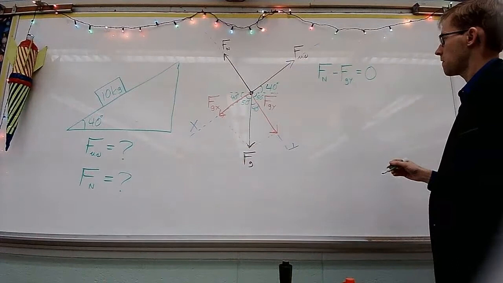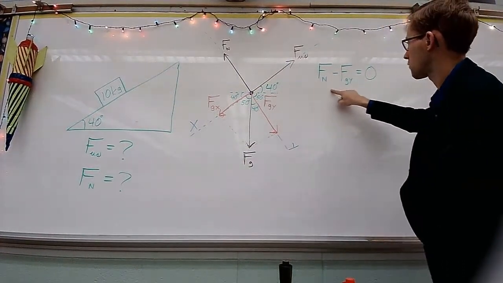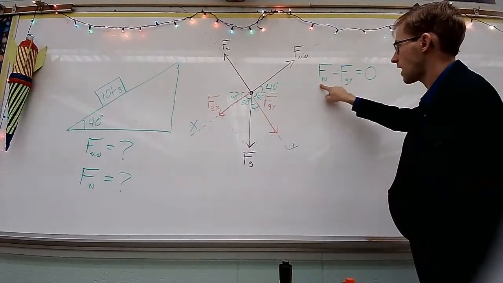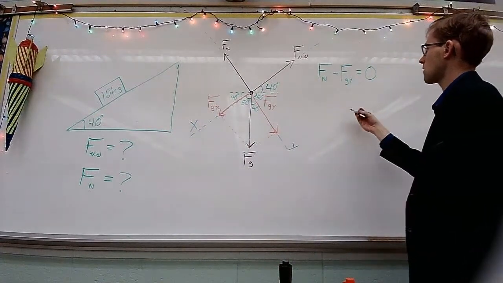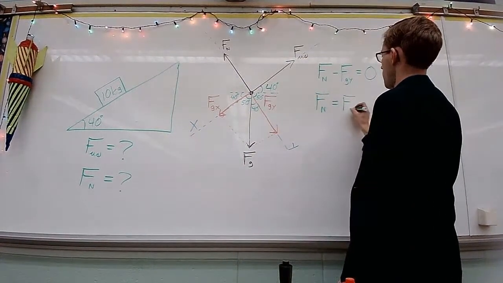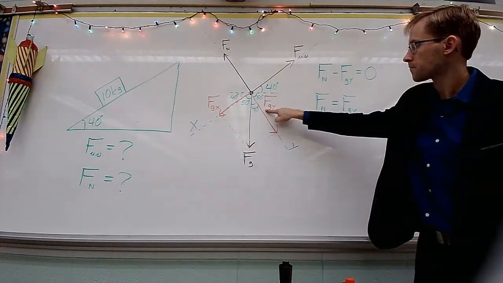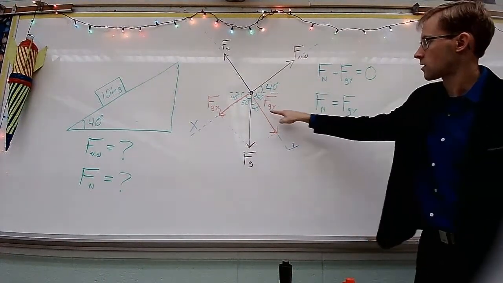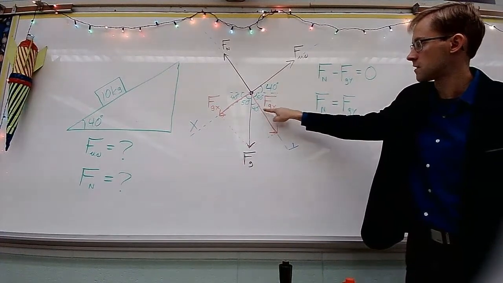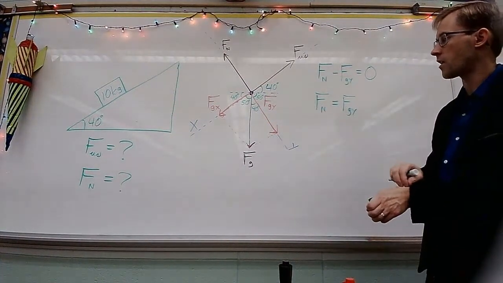Now, I have enough information to figure out what my normal force is. All I've got to do is look at this force equation, isolate that normal force, and then solve. Normal force is going to be equal to my force of gravity in the y direction, which is right here. Now, if I want to solve for this side of this 40-degree triangle, I need to know something else about the triangle.